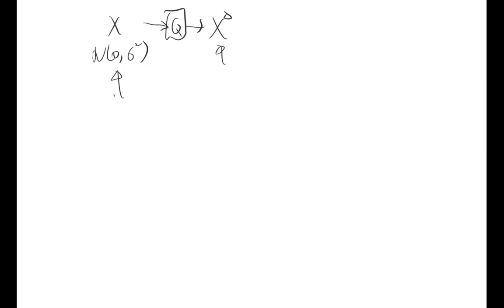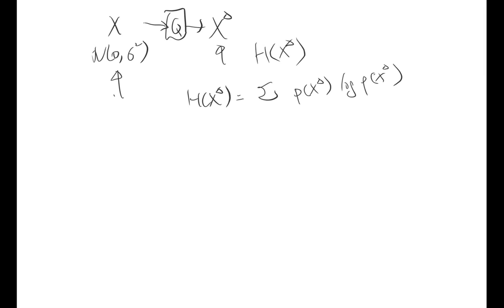So therefore I can talk about the regular entropy, H of x delta, which will be equal to something like minus the sum of p(x delta) log p(x delta), with a minus sign here.